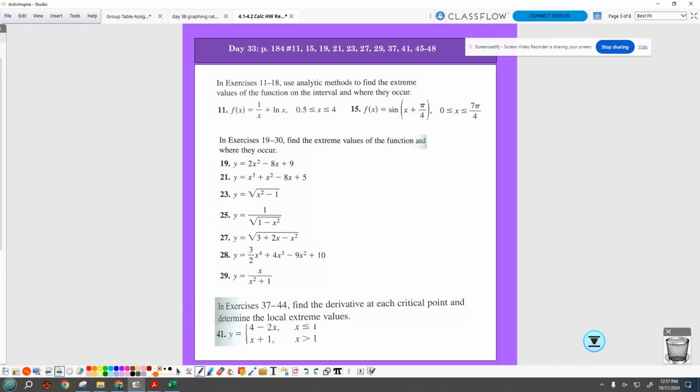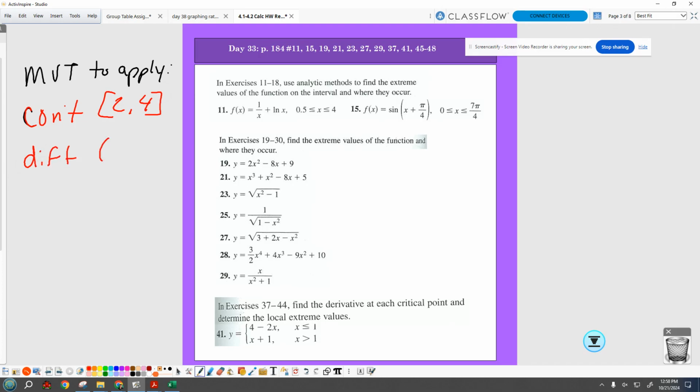So, for mean value theorem to apply, the function needs to be continuous over the closed interval and differentiable on the open interval.